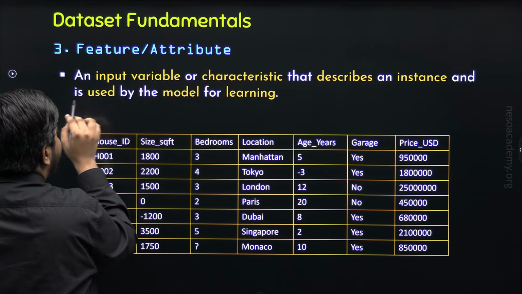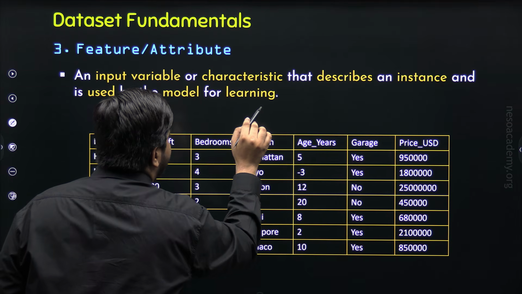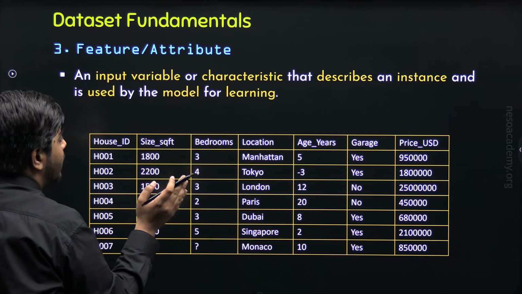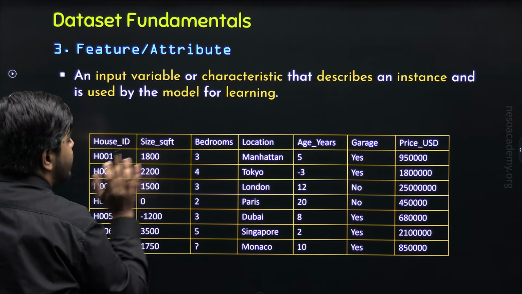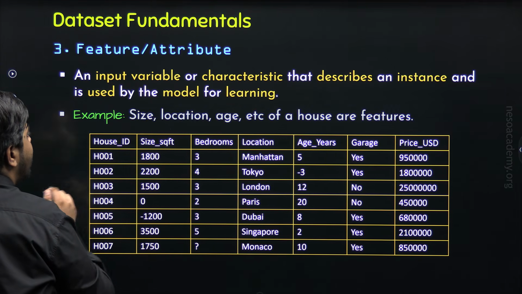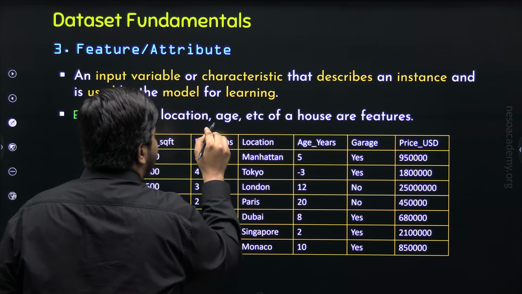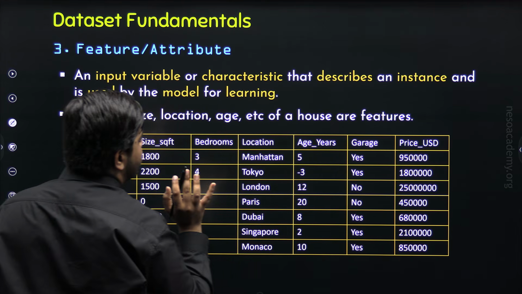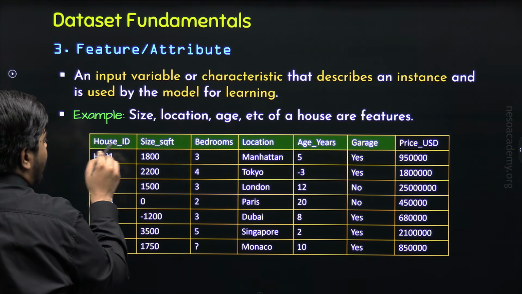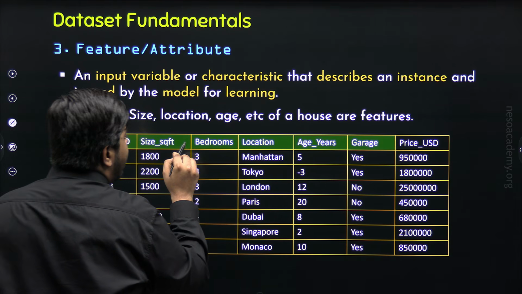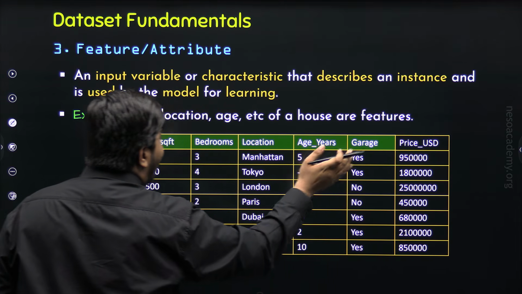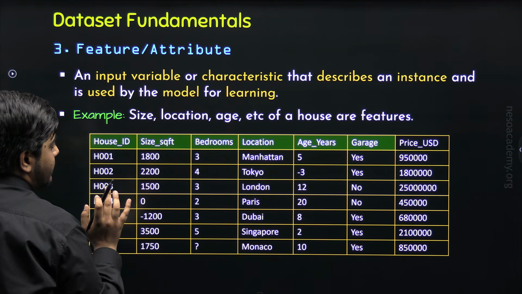Now a feature is used by the model for learning. That means during the training process of a machine learning model, the model learns the features. For example, size, location, age, etc. of the house are the features of the house. That means house ID, size SQFT, bedrooms, location, age years, and garage are all the features of the houses.